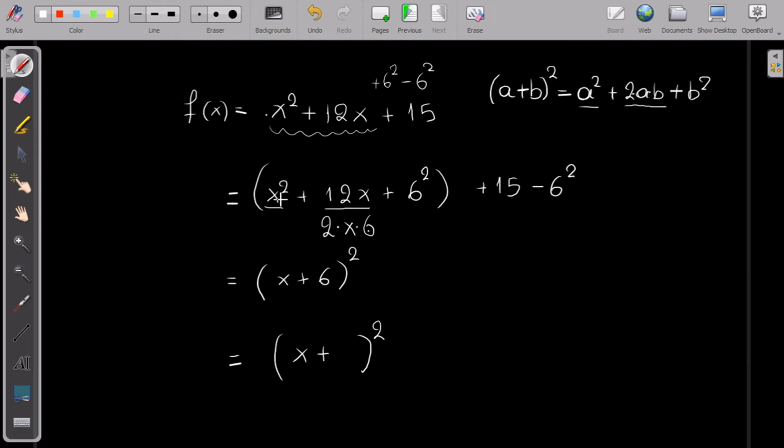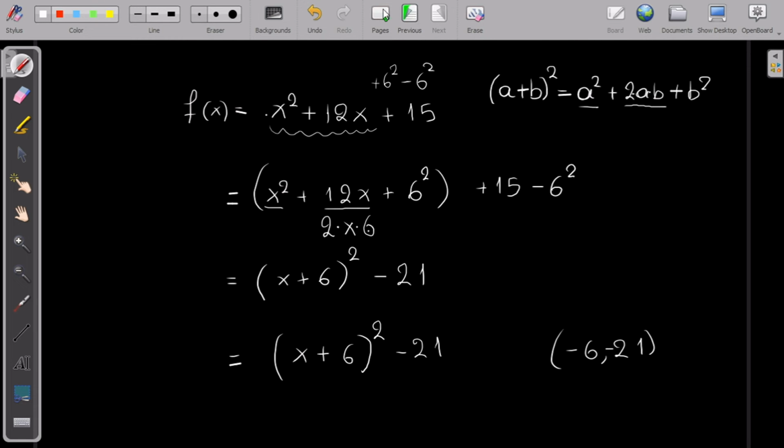If I expand it, it will give me this one. Now, plus 15 minus 36 is minus 21. So this is my vertex form. Where is the vertex? The vertex is going to be minus 6, minus 21.